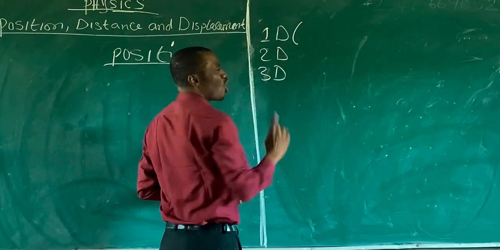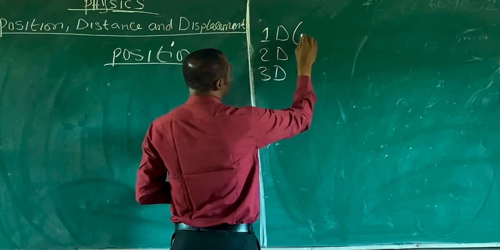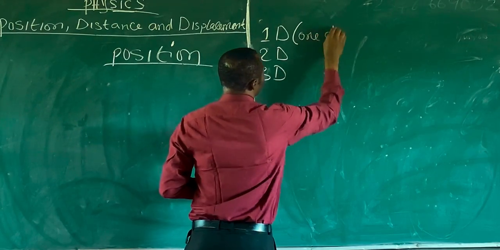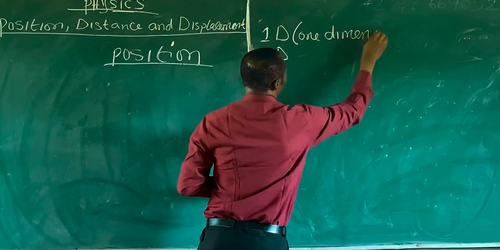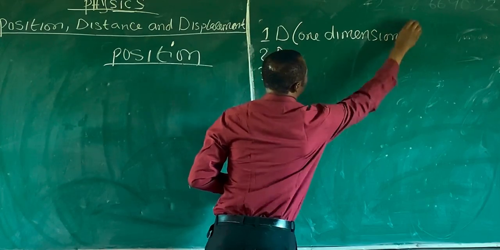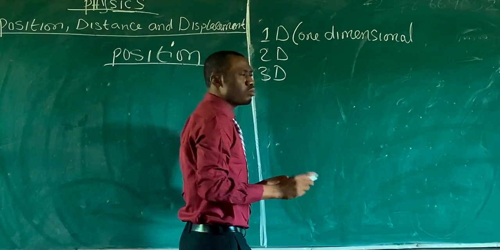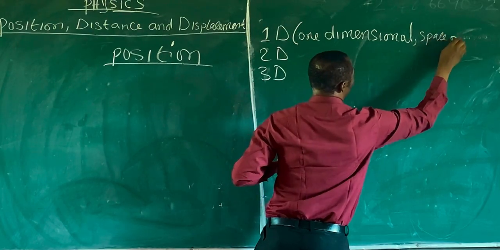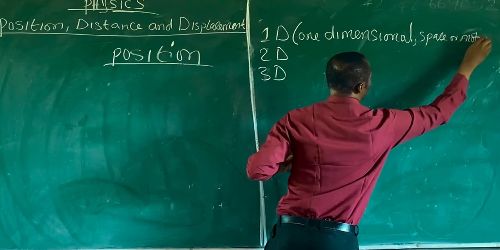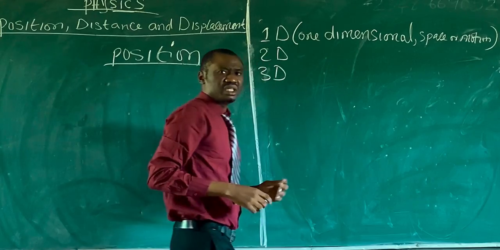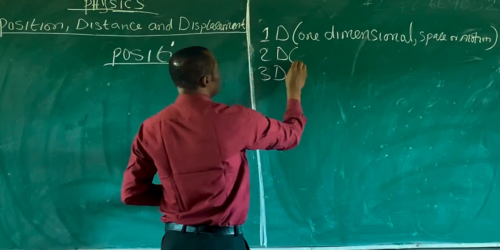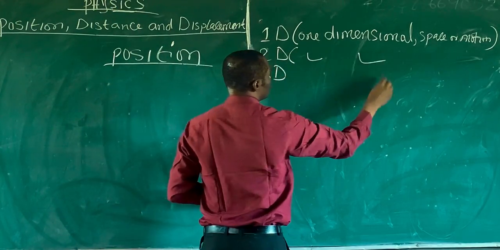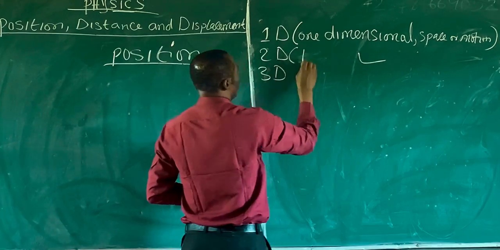Now, what's the meaning of 1D? 1D means one-dimensional space or motion. When you talk about 2D, two-dimensional space or motion.